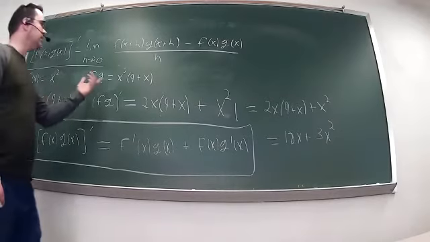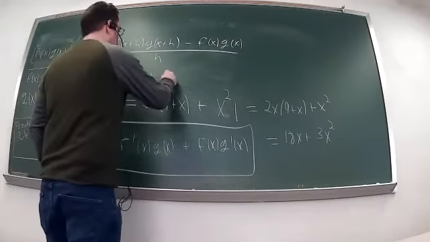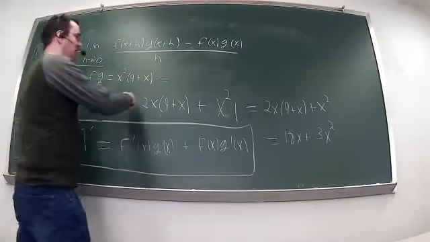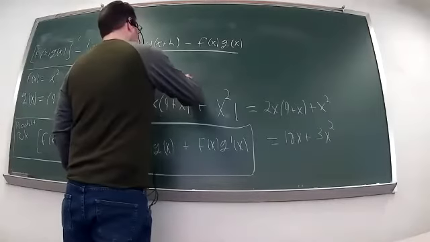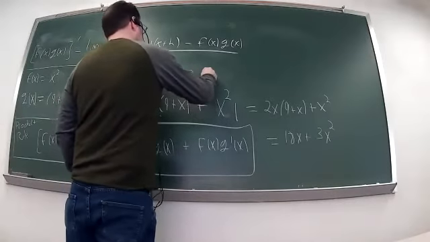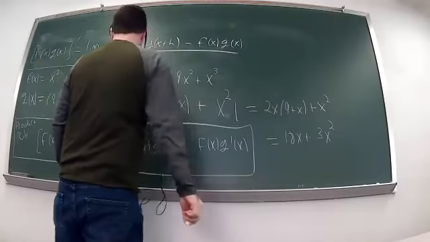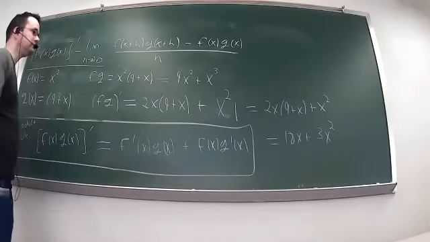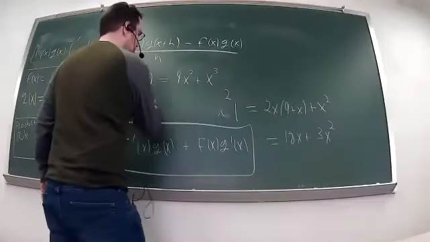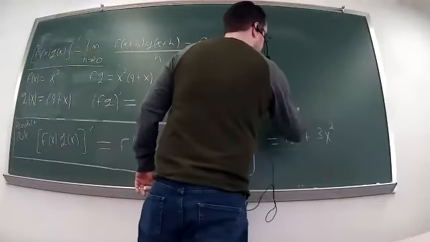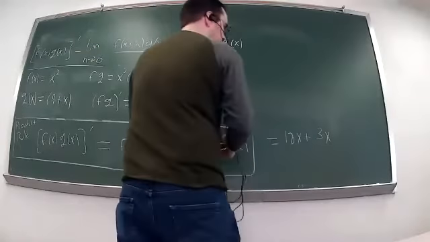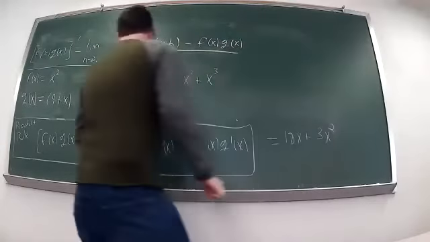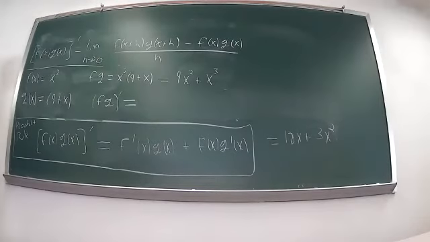But okay, so what's another way you can calculate this derivative? So I would multiply through and say, this is equal to 9 times x squared plus x cubed.